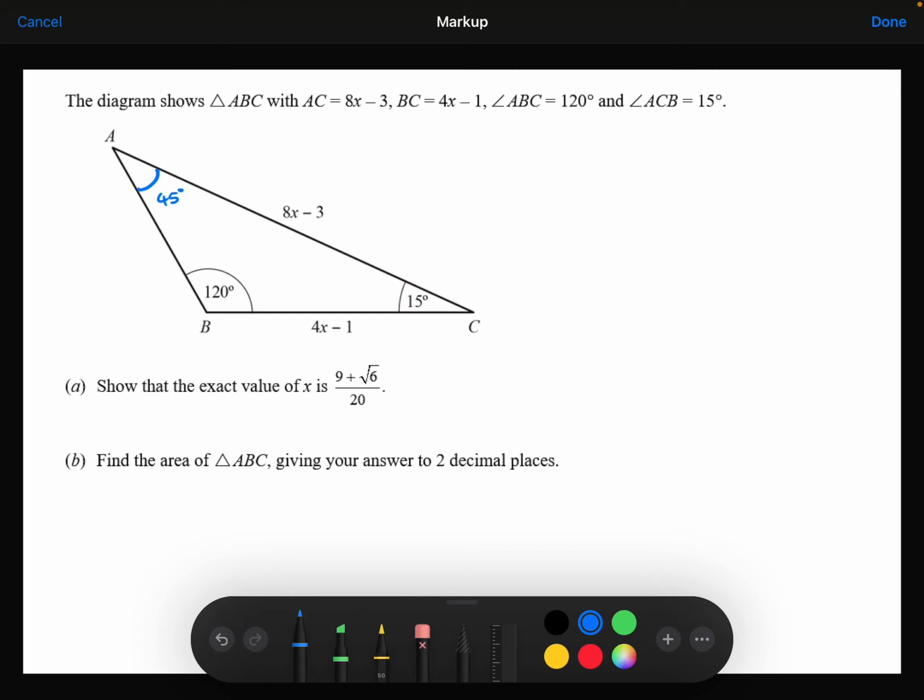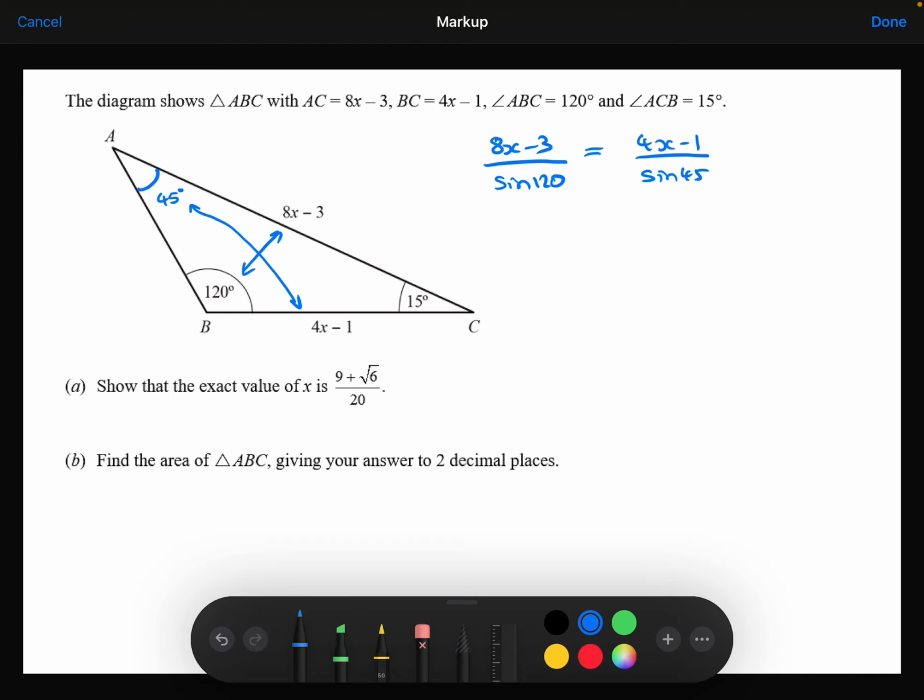I can now use the sine rule because the 45-degree angle is opposite the 4x minus 1 and the 8x minus 3 is opposite the 120. So I can say that (8x minus 3) over sine 120 is equal to (4x minus 1) over sine 45.